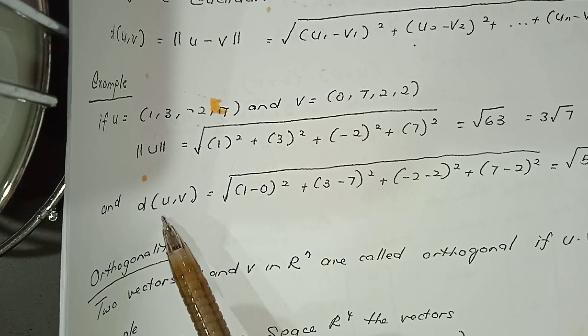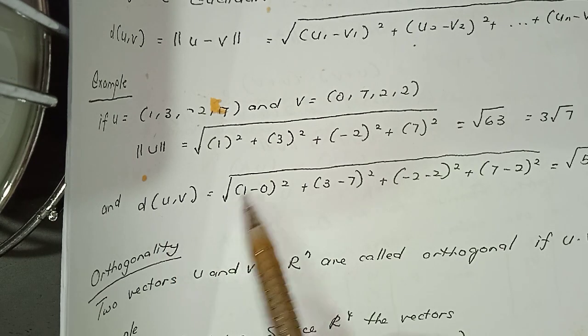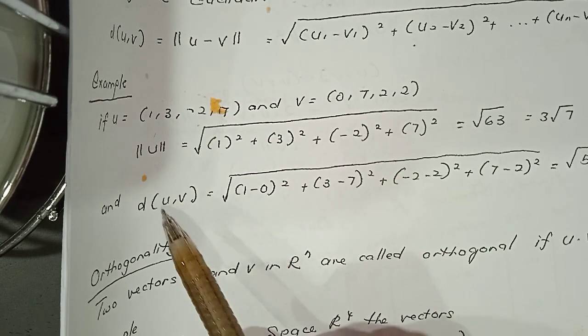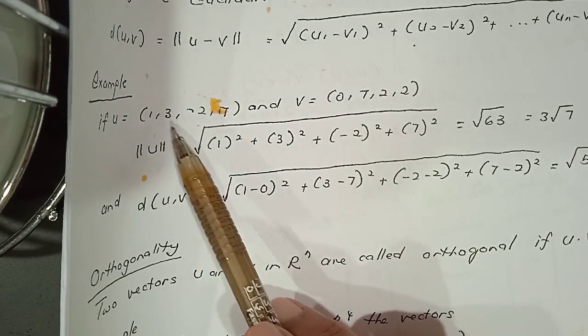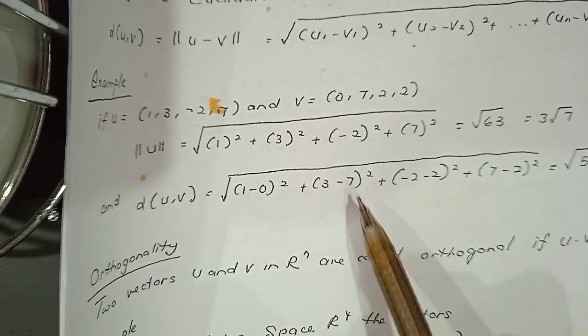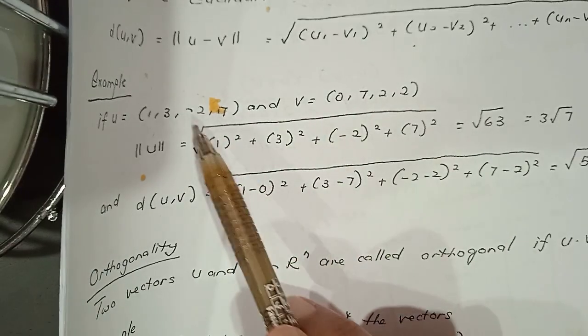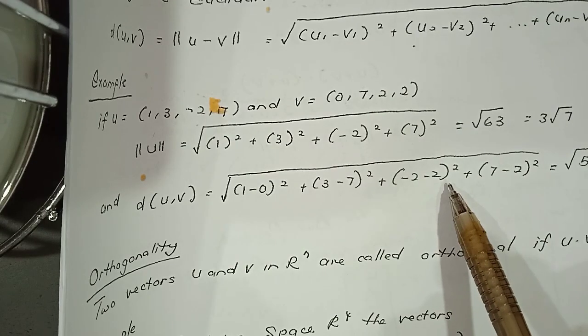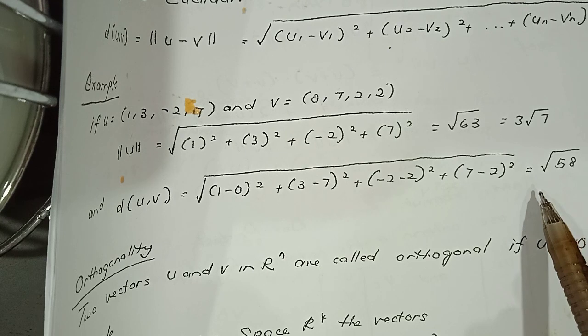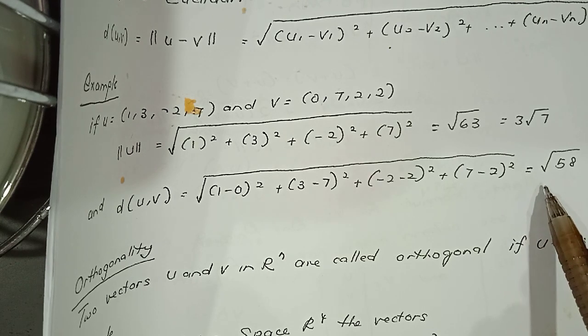For the distance, we take the difference between u and v: 1 minus 0 squared plus 3 minus 7 squared plus minus 2 minus 2 squared and so on. So the distance between u and v is given by root 58.